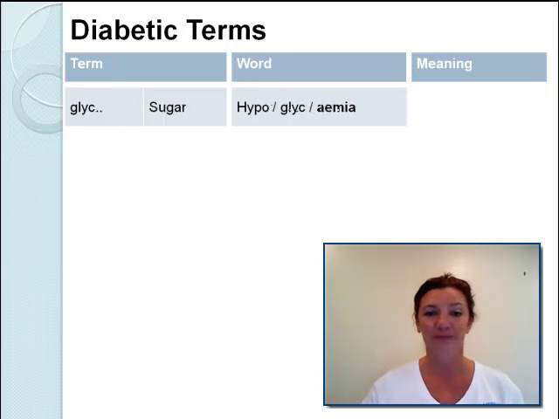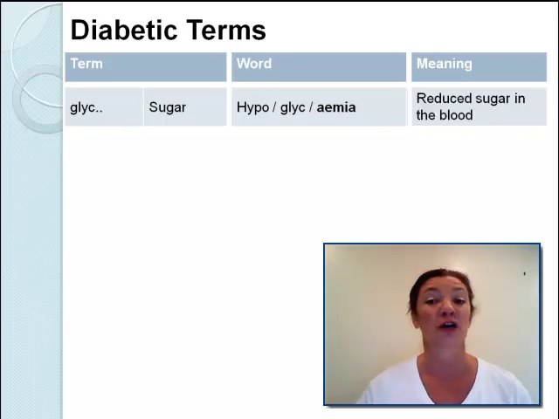Let's break it down. Emia is a blood condition, glyce we know is sugar, and hypo means reduced or low amounts. Think O for low. So hypoglycemia therefore means reduced sugar in the blood, or a blood condition of reduced sugar.